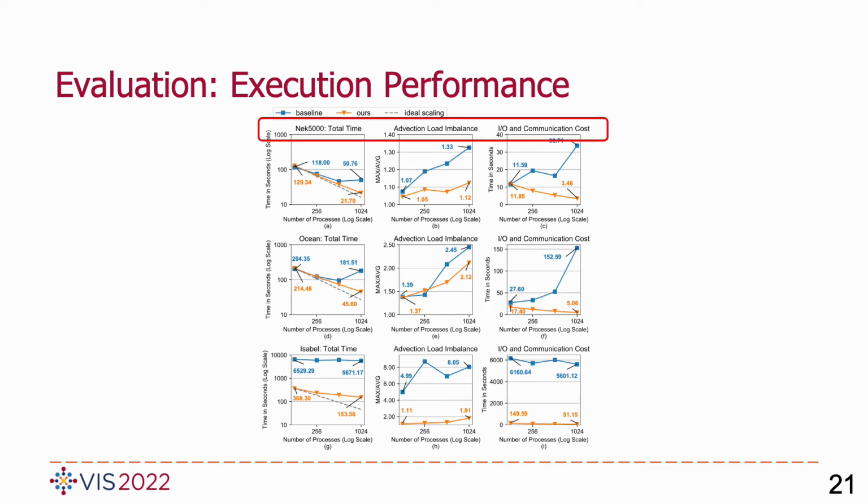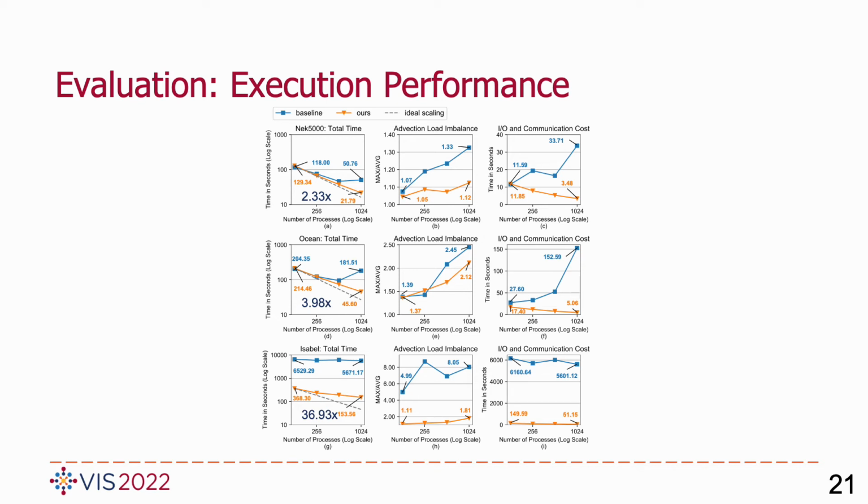In the 3 columns, the vertical axis encodes 3 corresponding metrics, including total execution time, load imbalance, and I/O and communication costs, respectively. When 1024 processes are used, our method has 2.33x, 3.98x, and 36.93x speedup over the baseline across the 3 datasets.